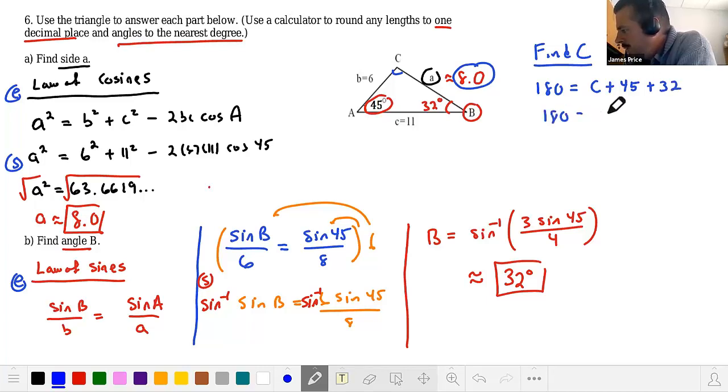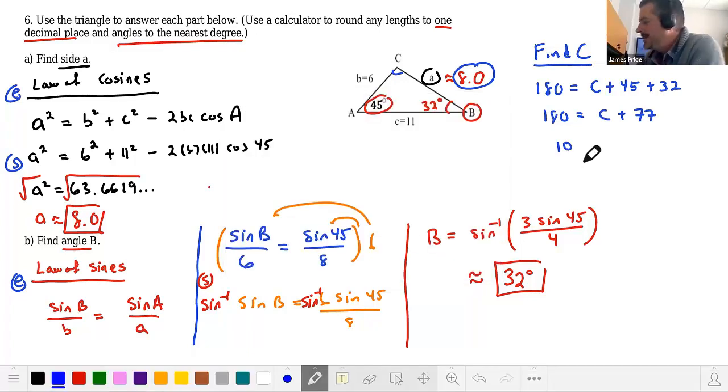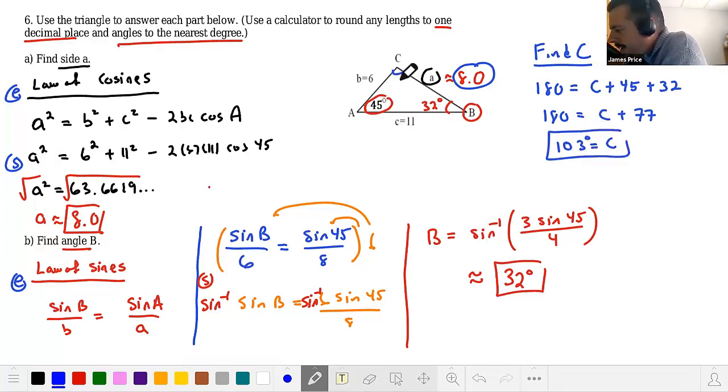So 180 is equal to C plus, and that's 70 plus 7, so 77. So if you subtract 77 from both sides, you get 103 degrees is equal to C. So this should be 103 degrees.